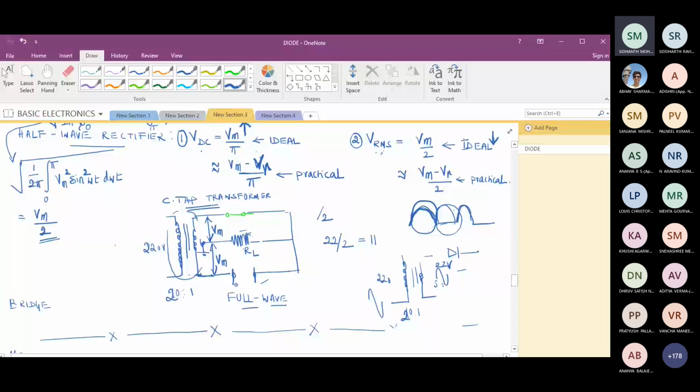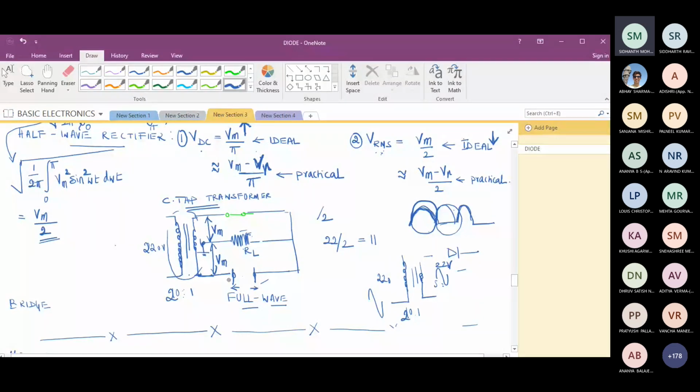Any other answer? Now, don't blindly say this diode is getting connected across the secondary winding, not the full secondary winding, only half of the secondary winding.